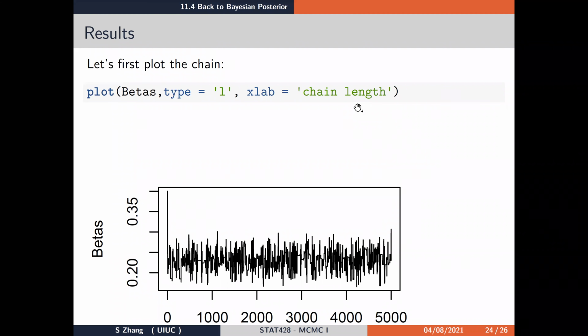Okay, so let's look at the results. Let's first plot the chain again. We'll plot the betas from the first iteration until the 5,000th iteration. You can see that this point, which is really far away from 0.2, is our initial value of 0.4. But you can see that the chain converged really fast to a value that's quite close to 0.2.